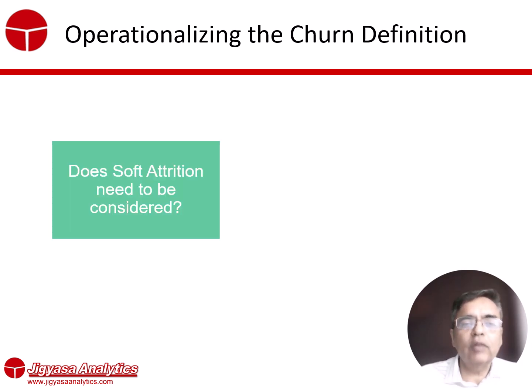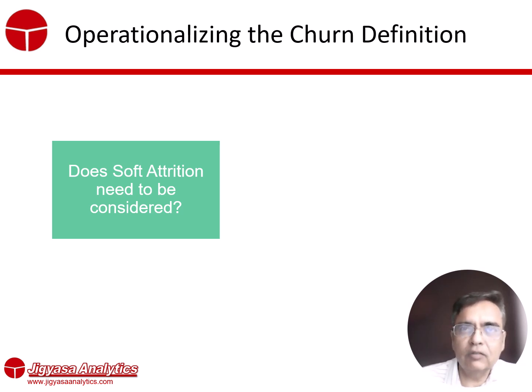So the first question we need to address is whether we need to consider soft attrition, and it depends on the business and an evaluation of whether soft attrition can happen here or not. In most cases, there is a need to consider soft attrition, and then there might be a practical question also.